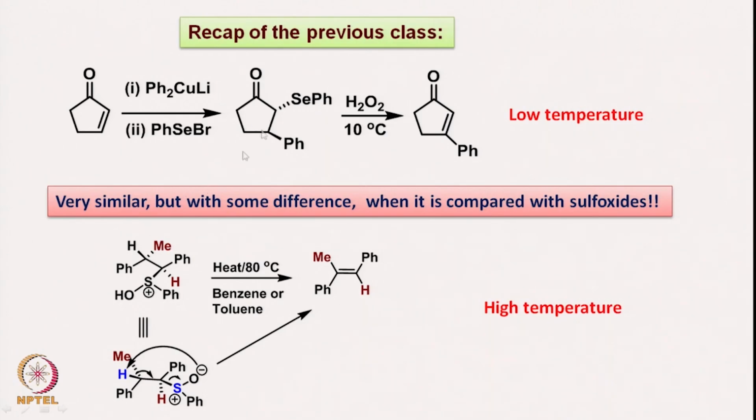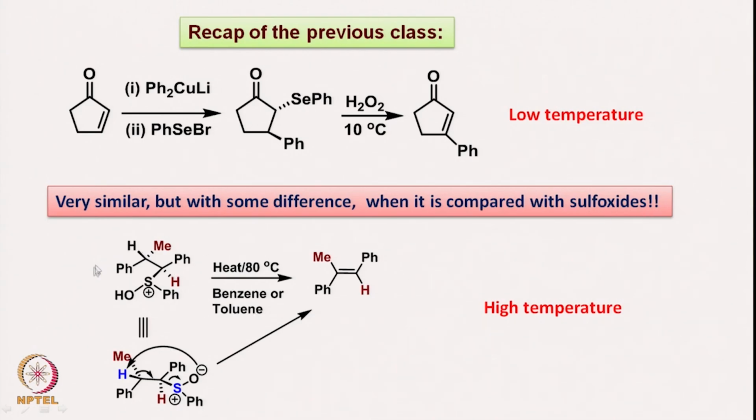Now this selenoxide elimination is done at relatively low temperature, like for example 10 degrees, and on the other hand very similar but with some difference, the use of sulfoxide is observed.